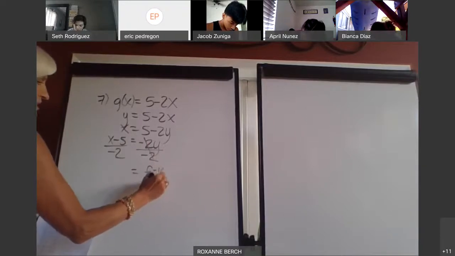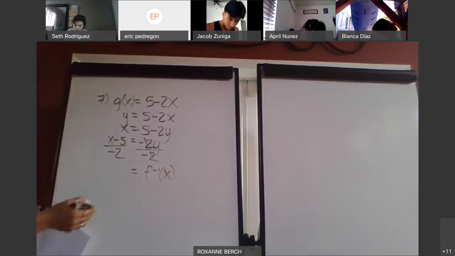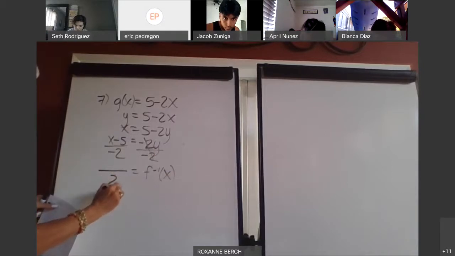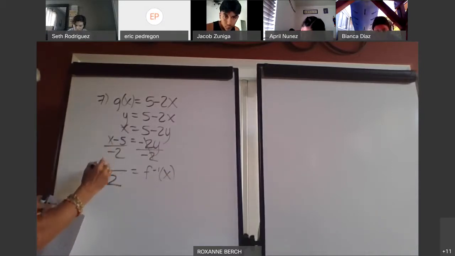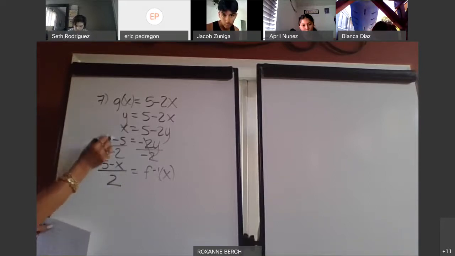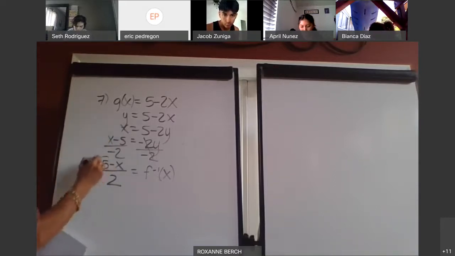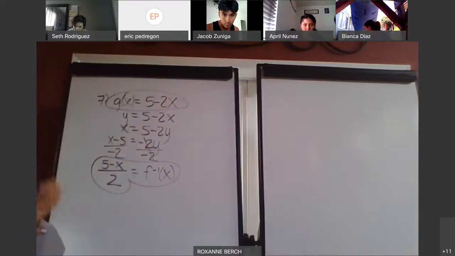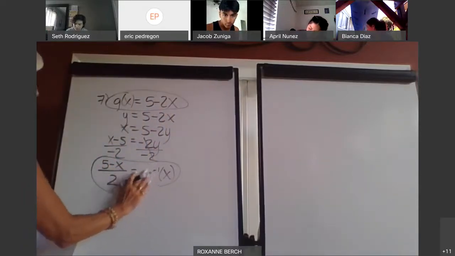Change it to the notation. Don't leave that negative there. So if you got a positive, the guys on the top flip, and I'm just going to write it as 5 minus x. So what I just did is the same as multiplying by -1 over -1. So that inverse, that's your function. That should be g inverse.